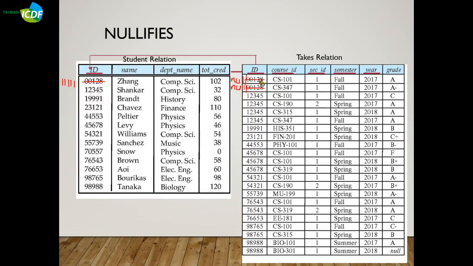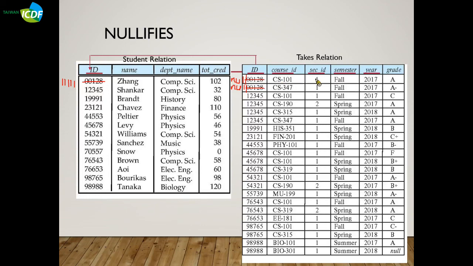However, in situations where the foreign key is one part of the primary key, the nullified policy cannot be used here, because the null values of the foreign keys will result in situations where null values appear in the primary key.